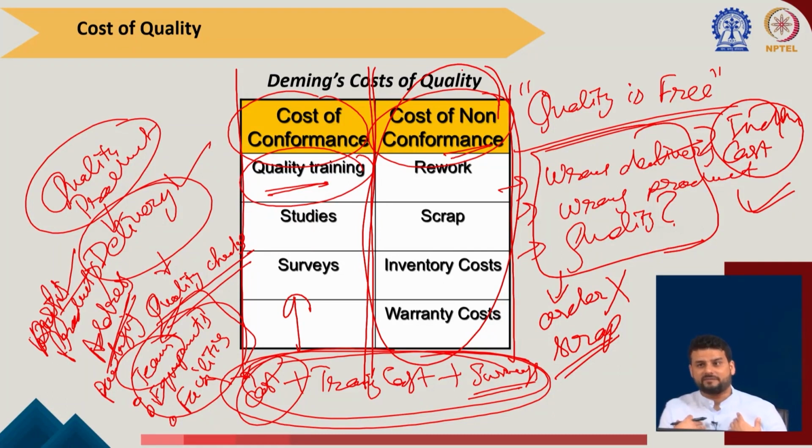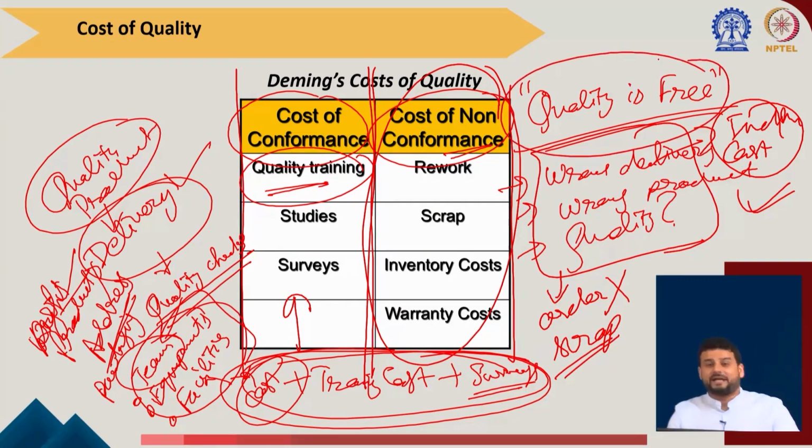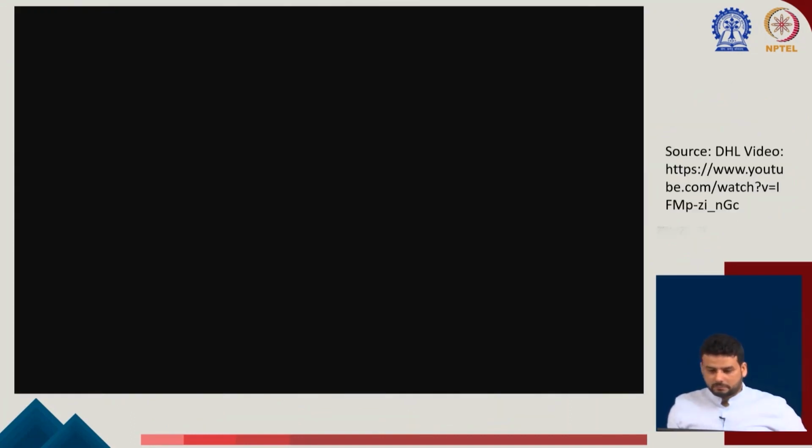I told you about one survey where 80 or 85% of customers who had any prior bad experience with an e-commerce player, related to delivery, payment or anything, try to avoid those e-commerce websites, and they prefer going physically and checking the product. So, these are the costs. In the end, if we equate them, if we are ensuring the quality and maintaining that brand image, we can say that quality is free. You can overcome these costs.